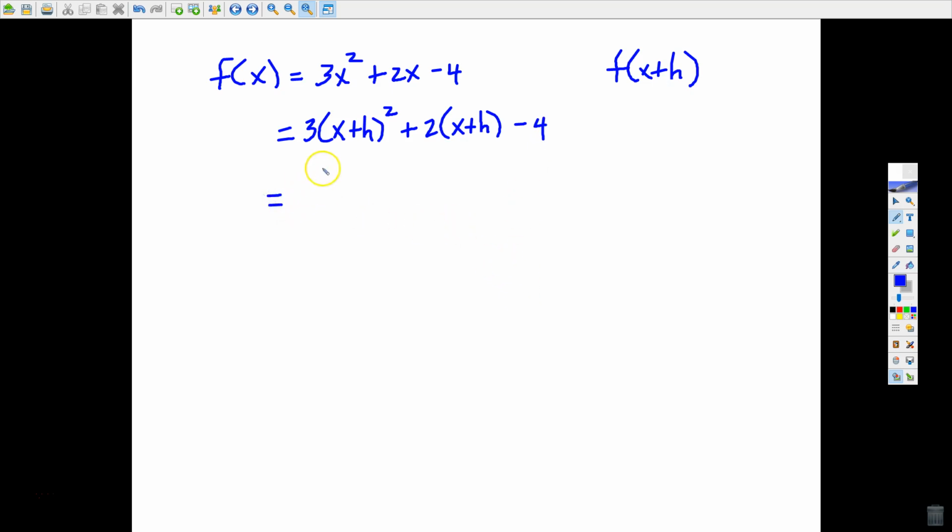Okay, so Andrew, can you help me with squaring x plus h? No, it's got to have 3 terms. If you square a binomial, it's got to have 3 different terms. And we learned a little mental math process. You can multiply these together and then double it. What would that be?